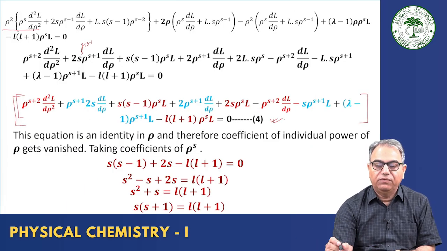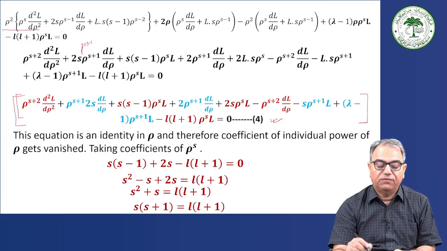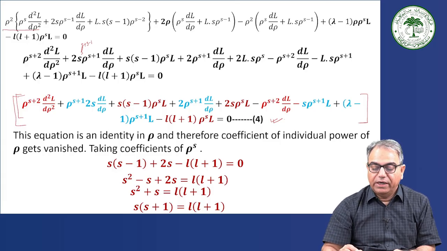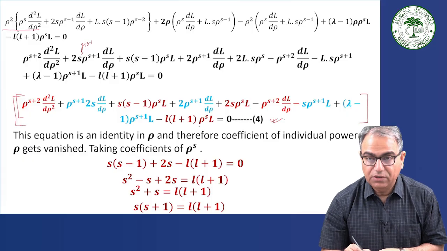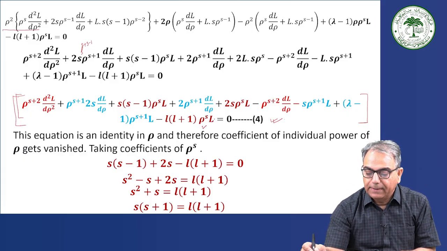This equation number 4 we got, and from there I say that this equation is an identity in rho, and therefore the coefficients of individual powers of rho vanish. Taking coefficients of rho raised to the power s: here you have rho raised to the power s, so L into L plus 1 is one coefficient. Then where else do you have rho raised to the power s?